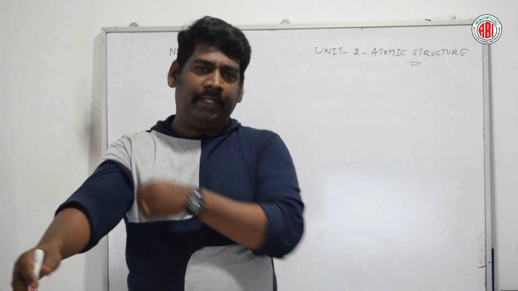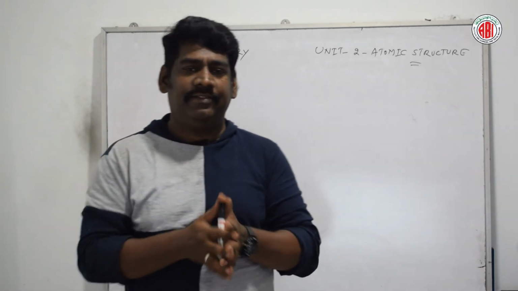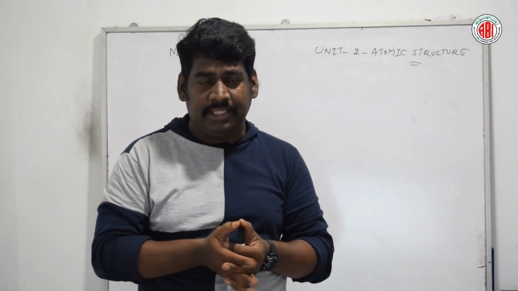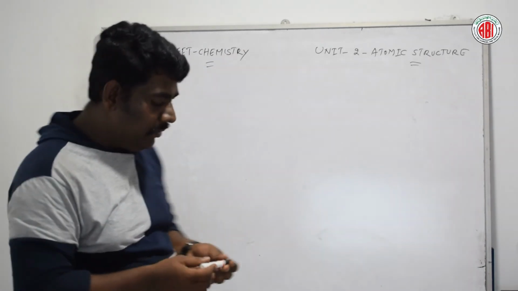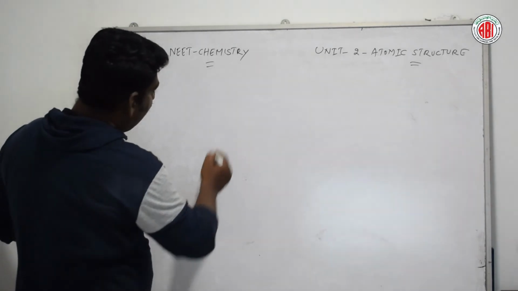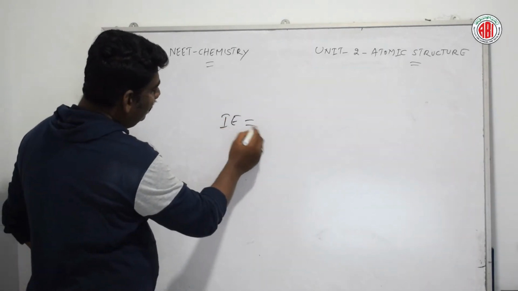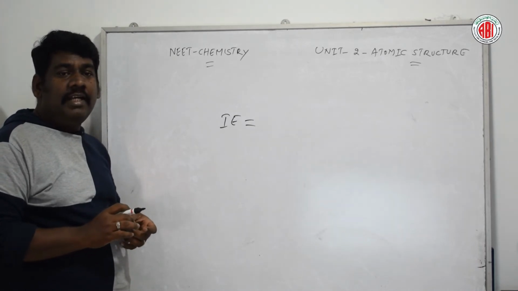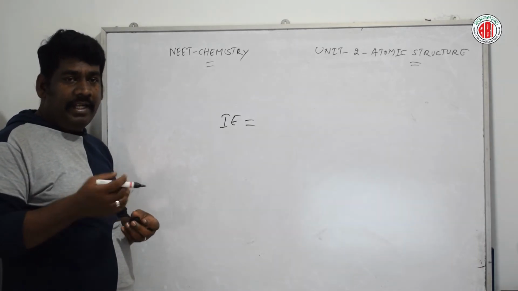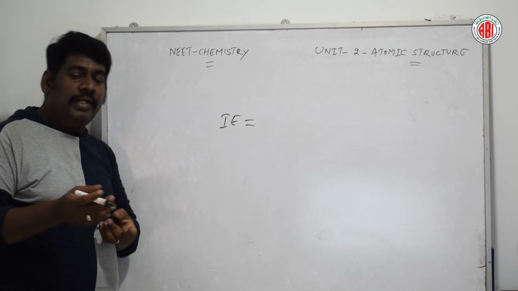According to this question, the ionization energy of any hydrogen-like species, a hydrogen-like atom which has only 1 electron, follows an equation. This is applicable only for hydrogen-like species, elements having only 1 electron.